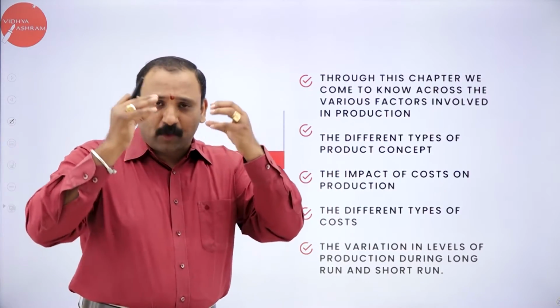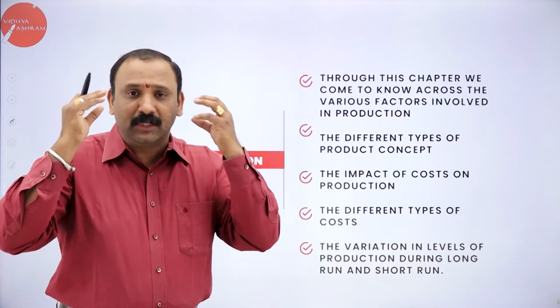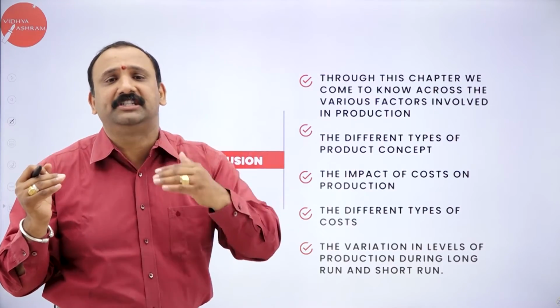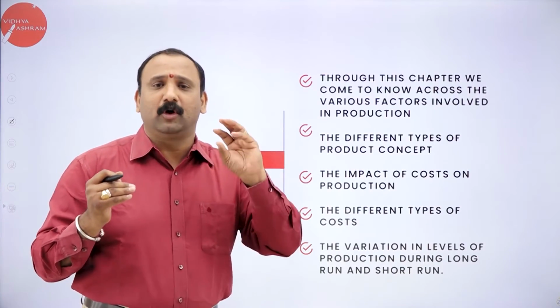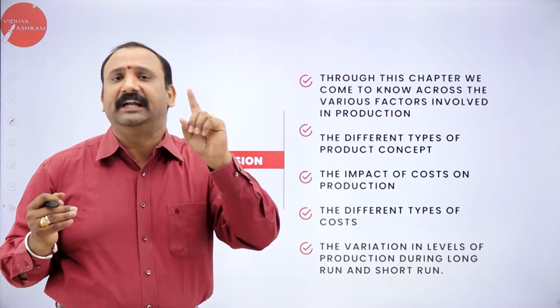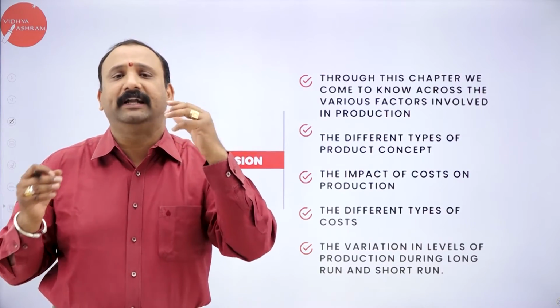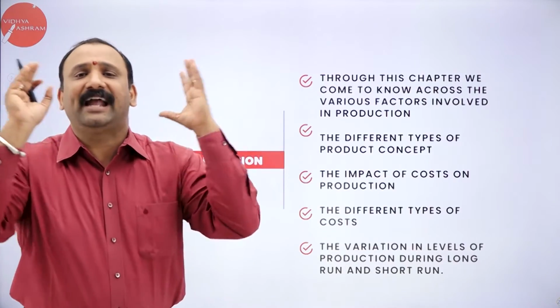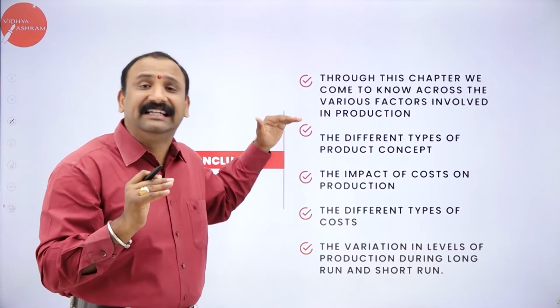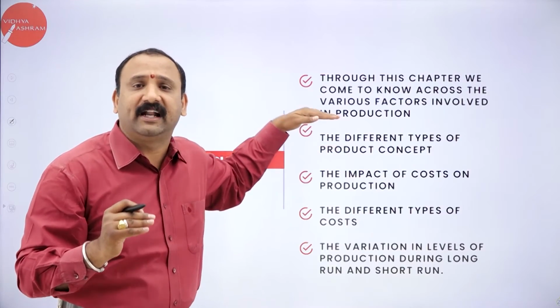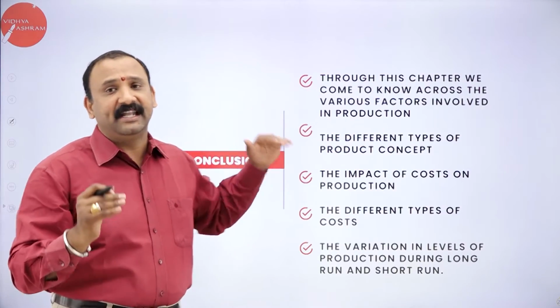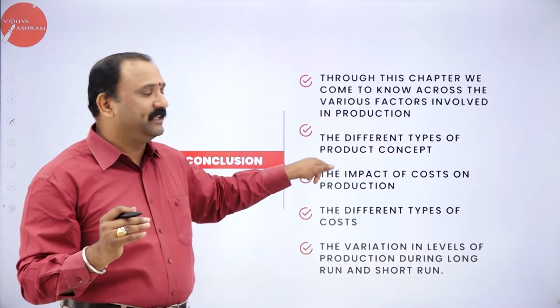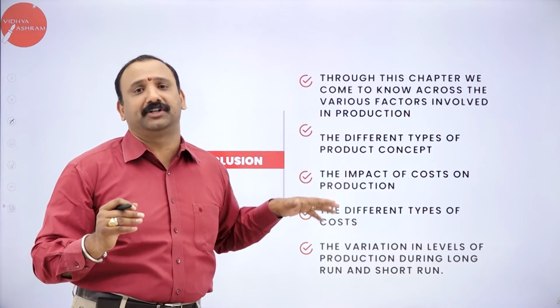Now, when we try to understand these products, we also try to understand the concept, the formulas behind them, because when we talk about production, it is not just about one product. It is the combination of total product, marginal product, and average product. So there are different types of product that are involved in production. Next, we also spoke about the impact of cost on production.